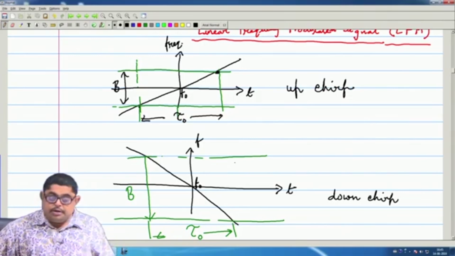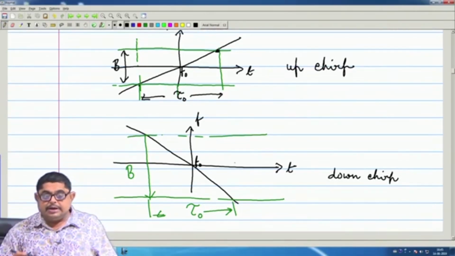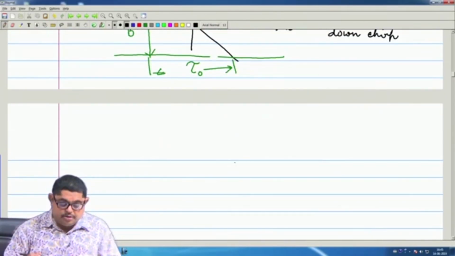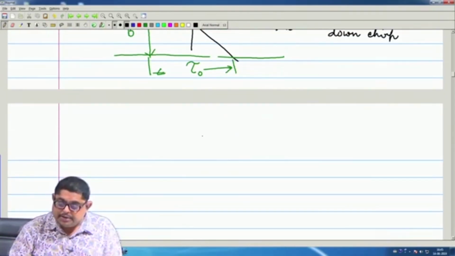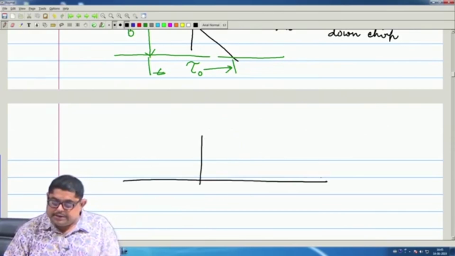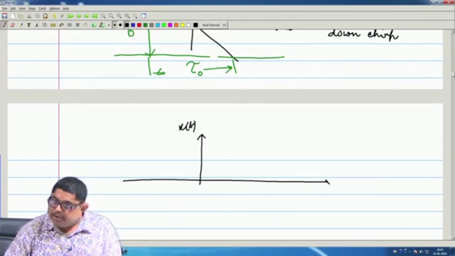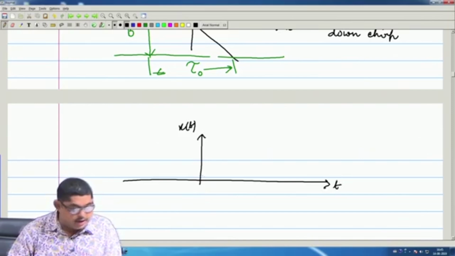This is something like our FM signal, but not exactly that. If I see this signal in the time domain, if it is x(t), then the up chirp signal will be something like this.